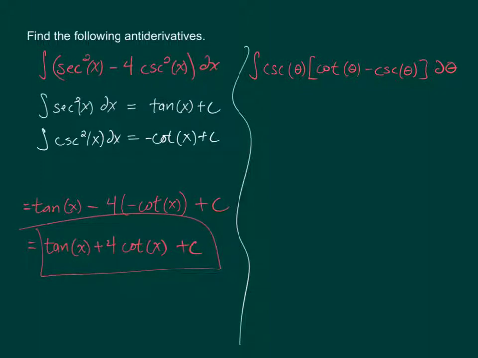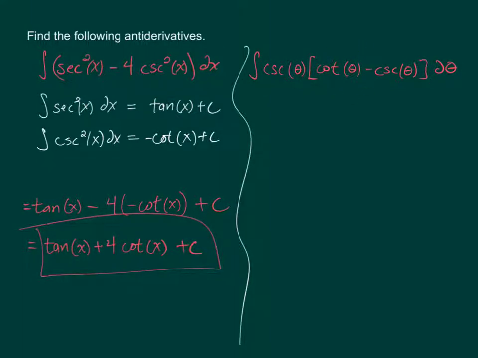All right, in this next example over here on the right, cosecant theta times cotangent theta minus cosecant theta with respect to theta. We need to find this antiderivative. Well, in its current form, we do not know an antiderivative for cosecant or cotangent.